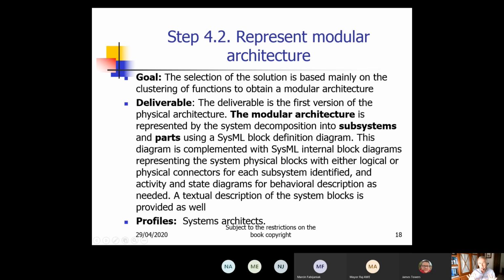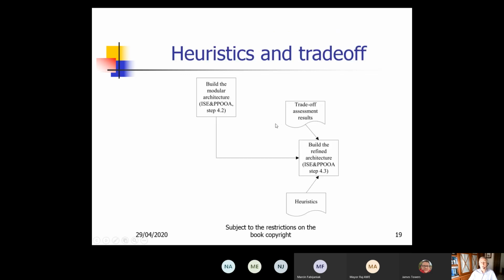From this functional architecture, we work to develop grouping this functionality into modules to represent it. That is called the modular architecture. When we have the modular architecture, we apply trade-off analysis for the technical issues and heuristics for non-functional requirements to obtain what we call the refined architecture.